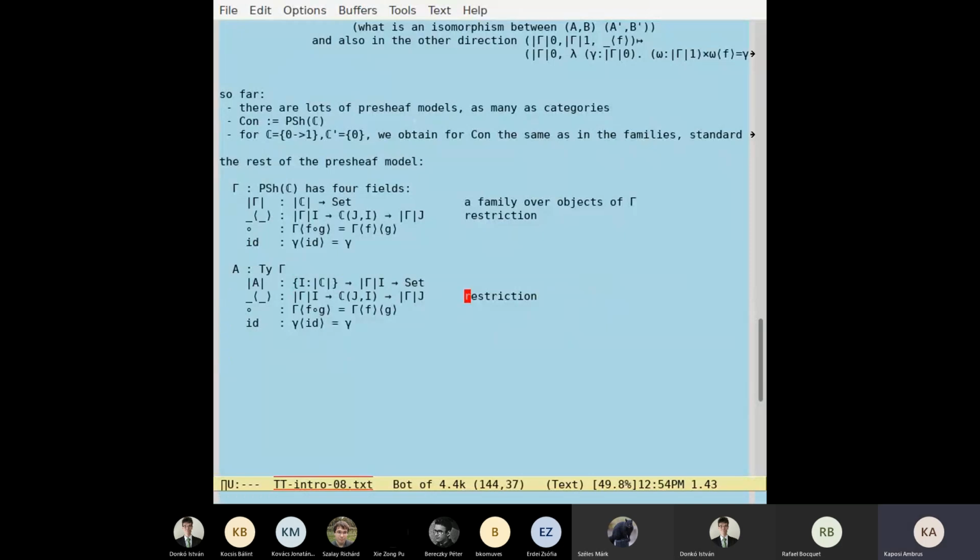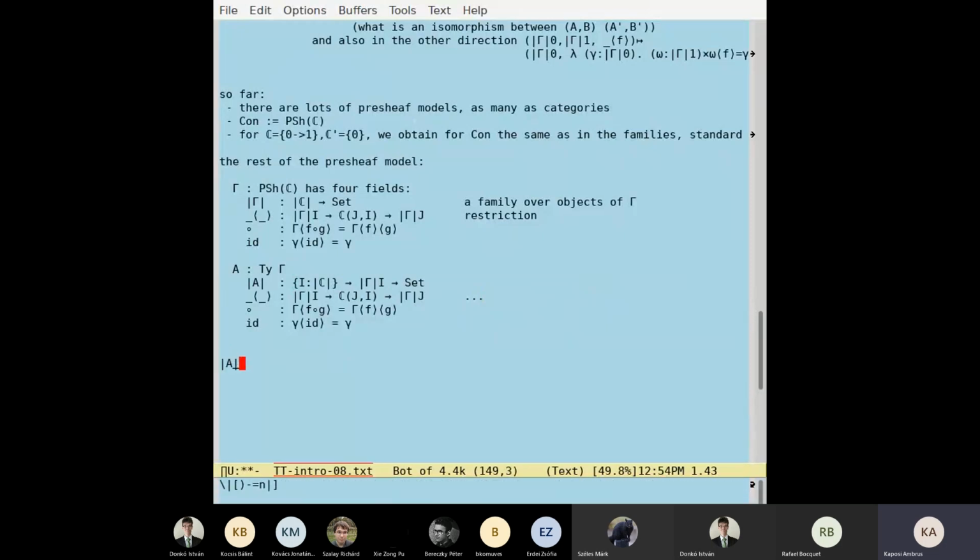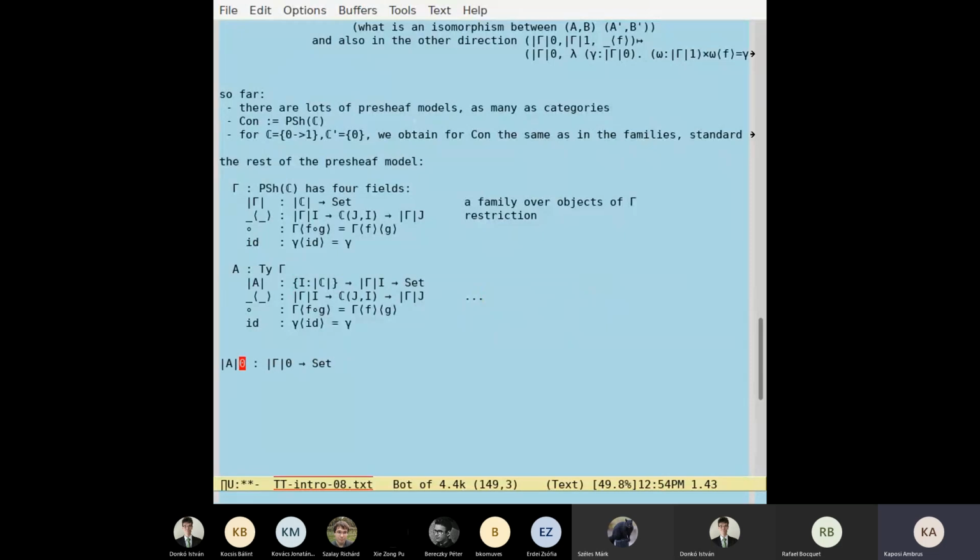Maybe even before describing this, so this is not good yet, let's see the family in the families model. What do I get? I get A0, which maps gamma 0 to set. This 0 is an implicit argument.